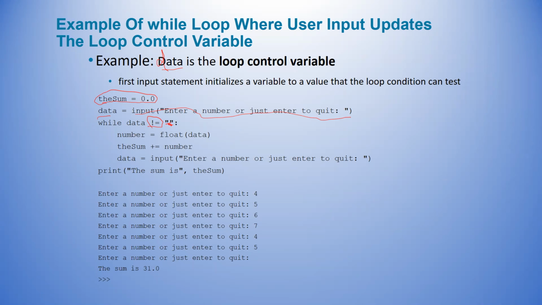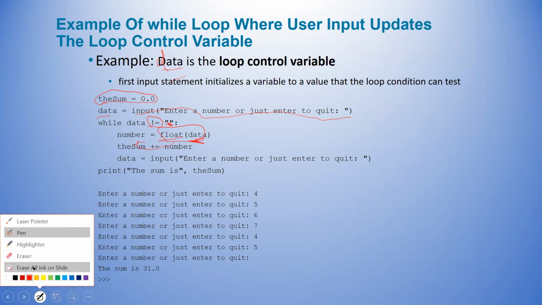if data is something, anything, right? You will convert that data to a float and assign it to number. So let me ask you, why do we convert it to a float, everybody? Why do we need to do that?